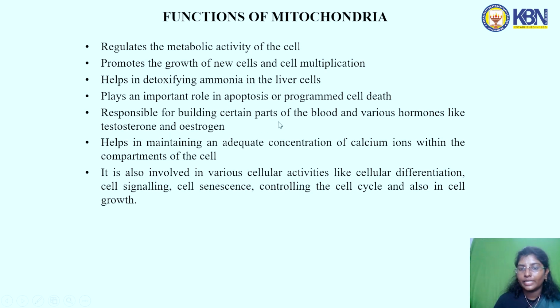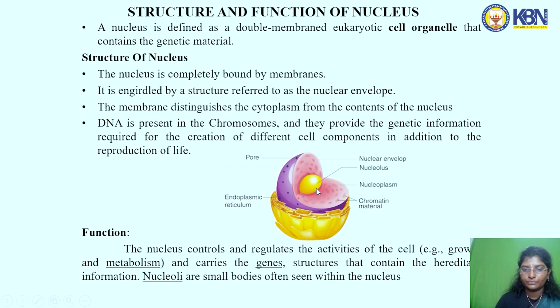They are responsible for building certain parts of the blood and various hormones like testosterone and estrogen. They also help in maintaining adequate concentration of calcium ions in the compartments of the cell. They are also involved in cell signaling, cell senescence, and controlling the cell cycle.